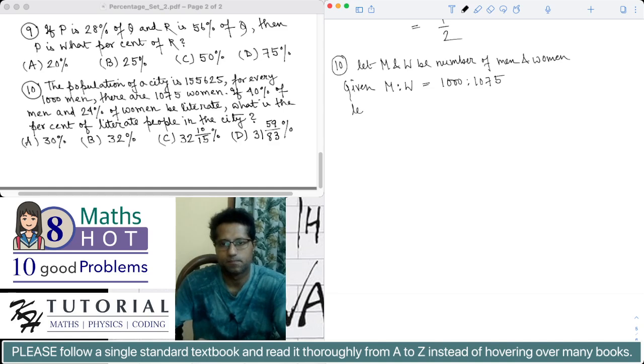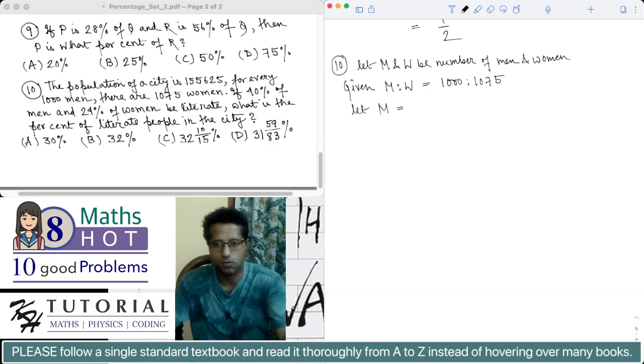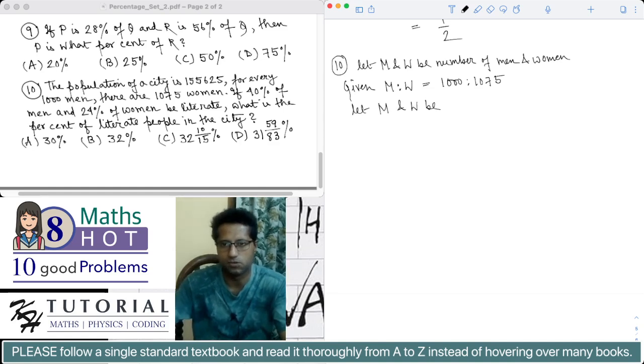Let M and W be based on the ratio 1000 is to 1075. We can say let M and W be 1000x and 1075x.